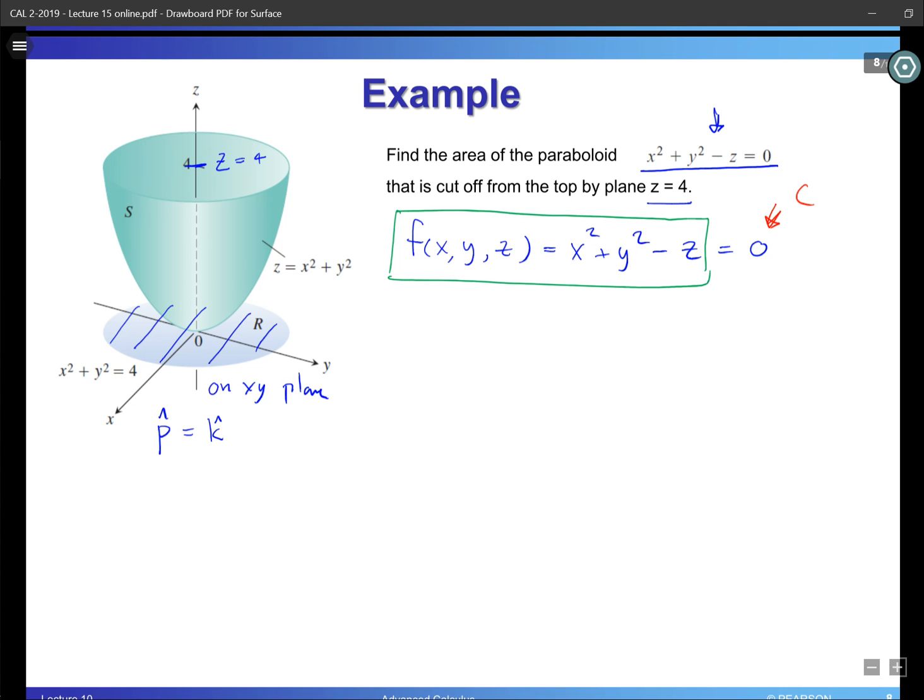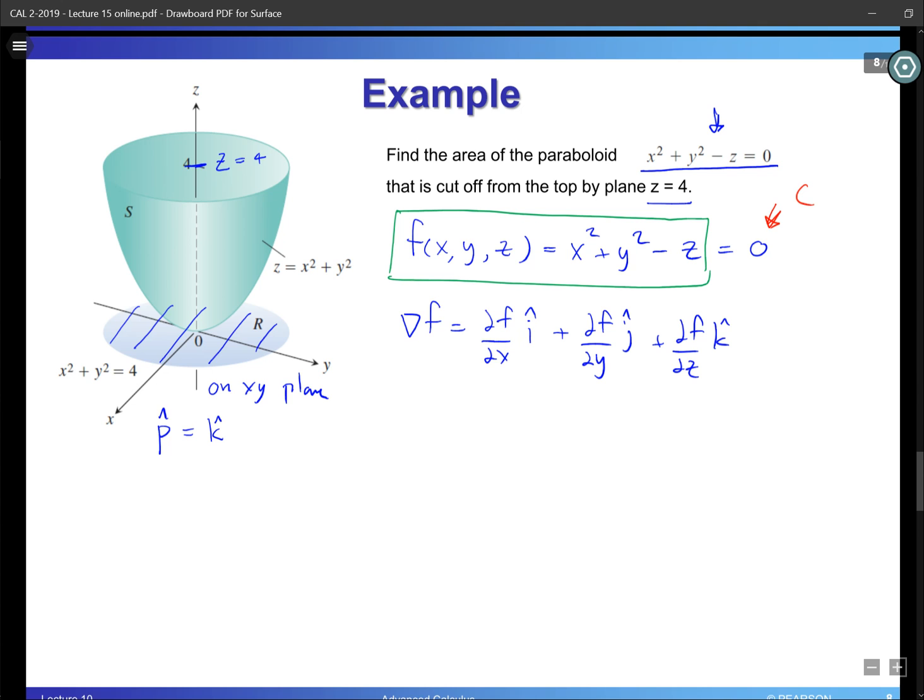Now first, let's try to find the gradient of f. Gradient of f is going to be equal to the partial derivative of f with respect to x, the first component, plus partial derivative of f with respect to y, second component, plus partial derivative of f with respect to z, last component. And as you can see here, this is equal to 2x i plus 2y j minus k.